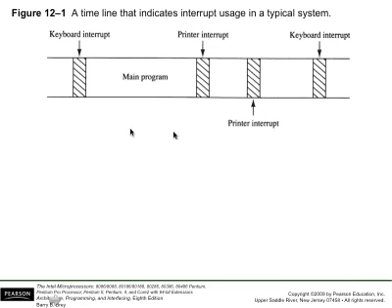Once that event is processed, for example, once the keyboard key press event is processed, the microprocessor will resume the execution of the main program, and so on, until the next hardware interrupt event happens. In this case, there's a printer interrupt coming sometime in the future.